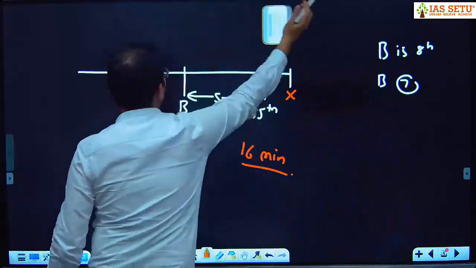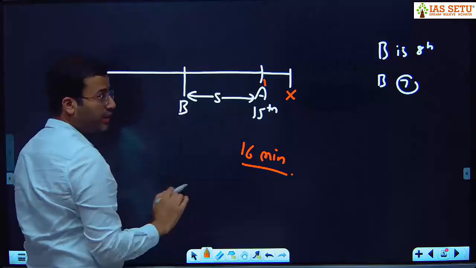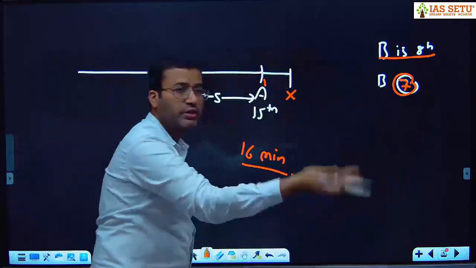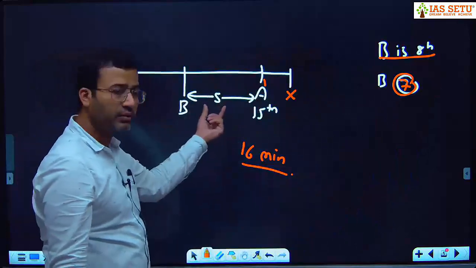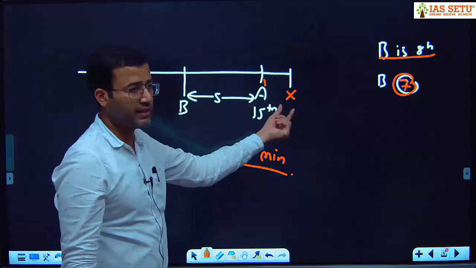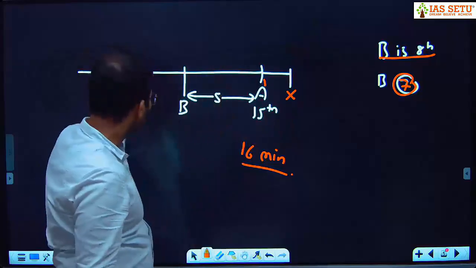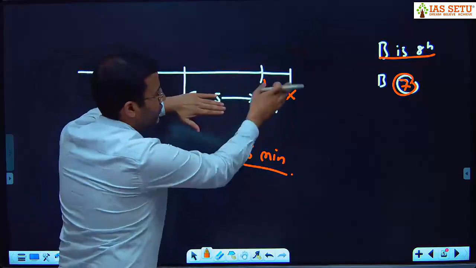So what you do: A is 15, B is here, which is 8 from the right. If B is 8 from the right, it means there are 7 persons on the right side, excluding B. Already between A and B there are 5. The 6th one is A. You need 1 extra person, X. You make this diagram. So how many persons are there? Forget B; if you see, 15 and 1 extra, 16.